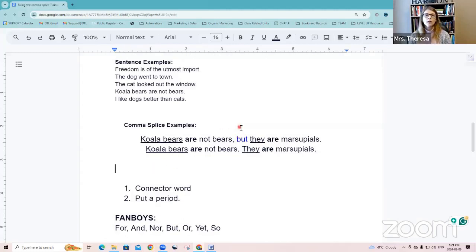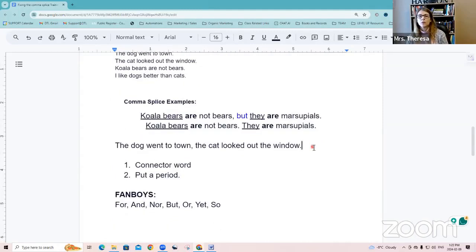The dog went to town. The cat looked out the window.